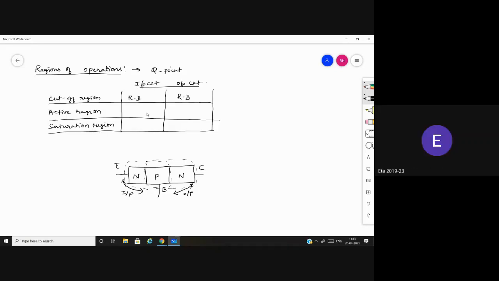So from this analysis, we can understand one thing: the N layer, P layer. Can I replace these two parts by a diode? This is our cathode, this is our anode. So this is our N layer, this is our P layer.